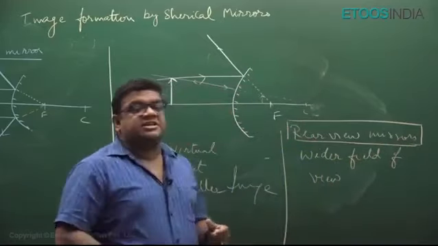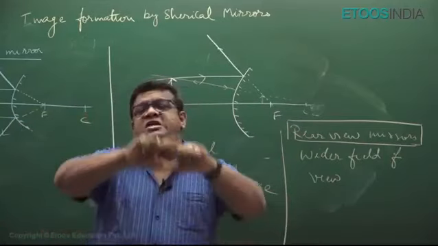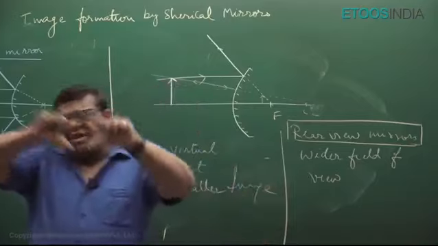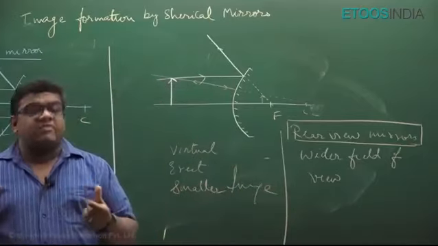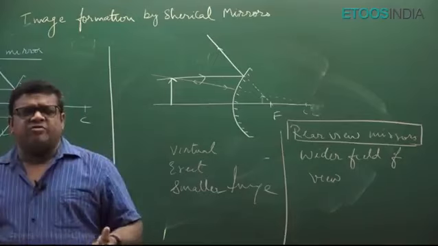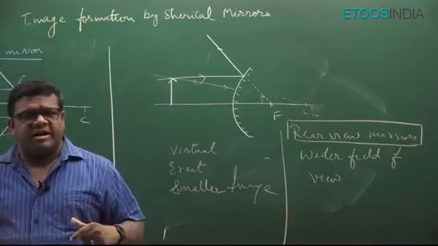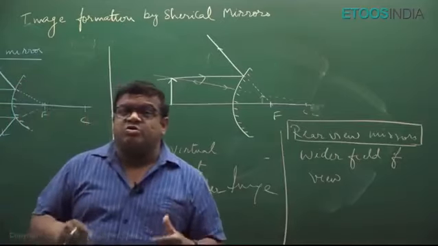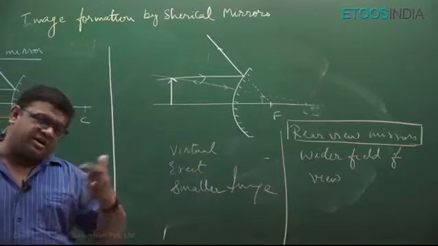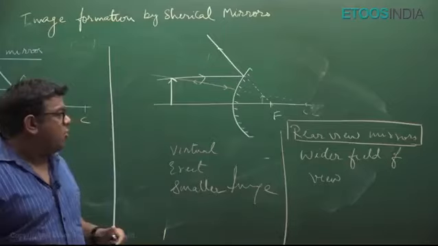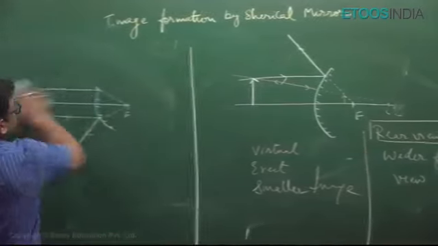Reason being, such a small mirror kept there has to take a big view of that backside, so that the driver can see whatever vehicle or any kind of obstacle behind. Suppose he wants to take a turn on right side. So first he or she needs to have a look at that mirror, whether no one is coming on either of the sides, so that no accident can happen.